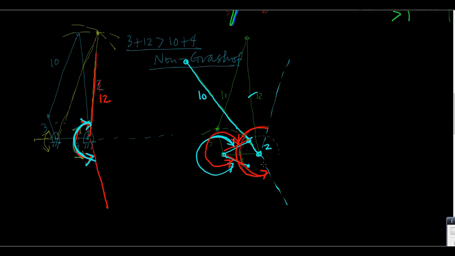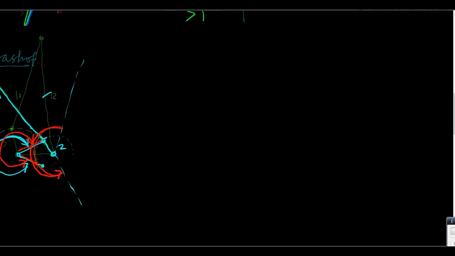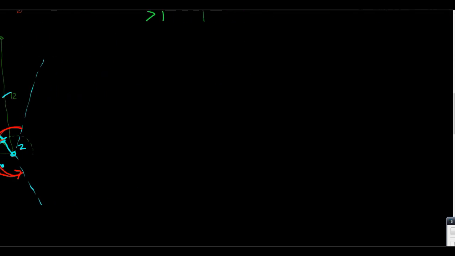With this introduction, I can now do a slider crank mechanism, which is discussed in the textbook and which I found a little difficult to understand until I went through these simpler examples. Okay, so now we will do this problem.